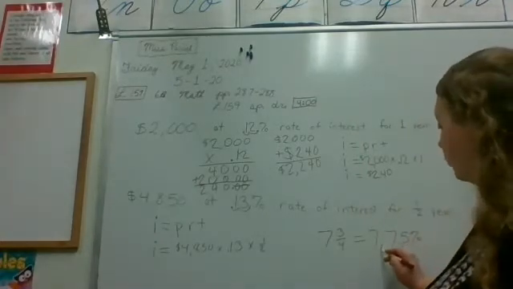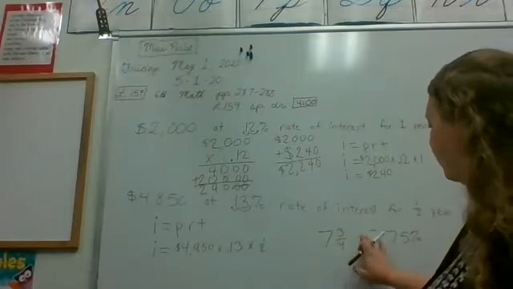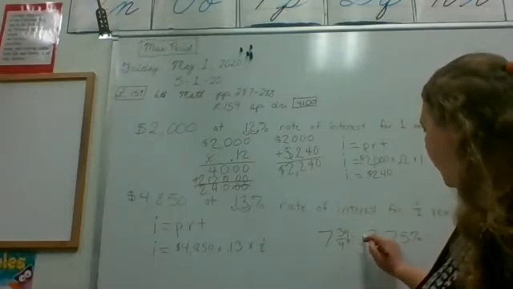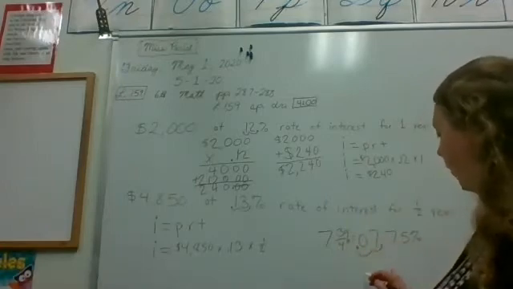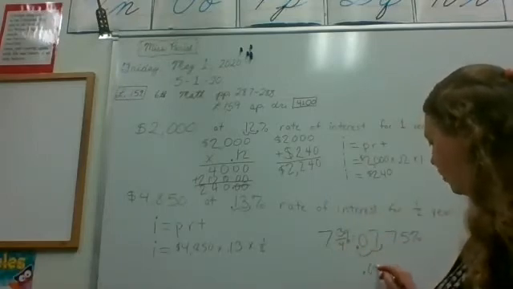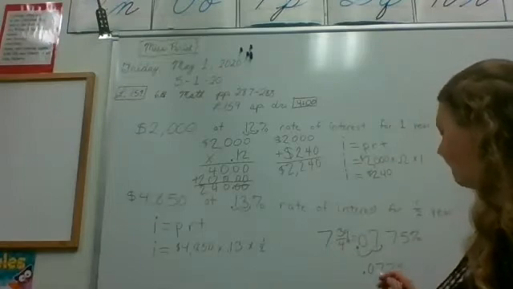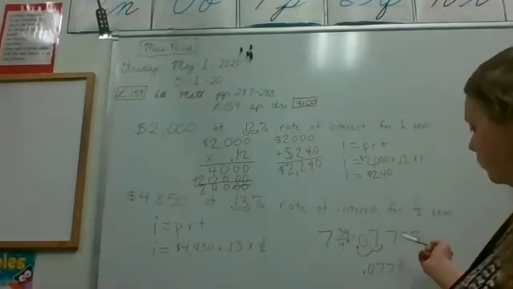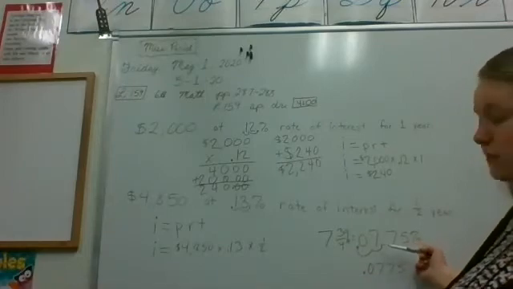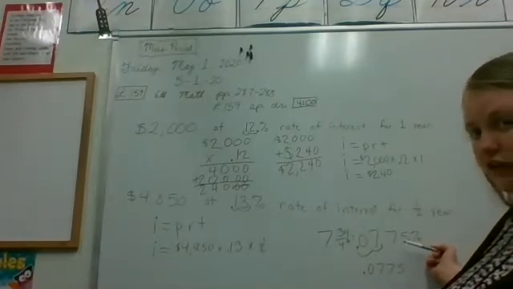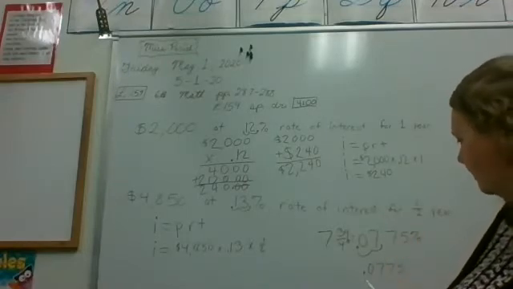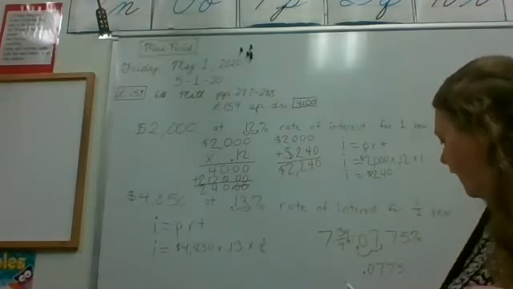And then you would move your decimal 2 places, and what we would multiply is 0.0775. Okay, so this is especially important that you move your decimal to where it's supposed to be. So if there's a fraction, the decimal sits in front of the fraction. Okay, so keep that in mind.